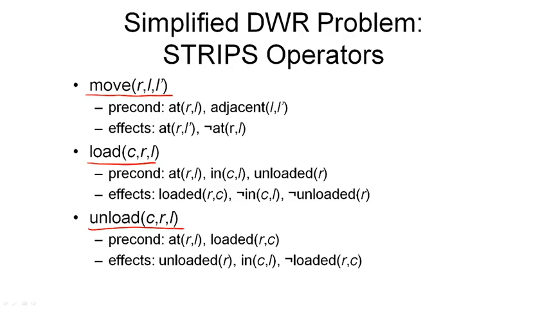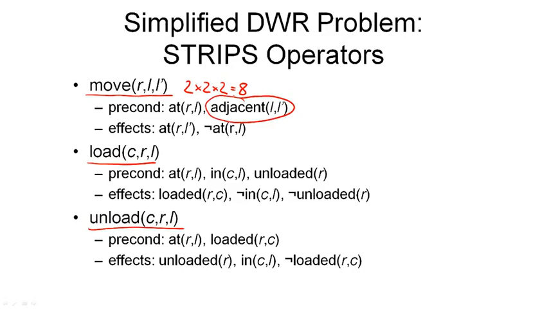Another interesting observation is to do with the number of possible actions that are instances of each operator. So looking at the move action first, we have two possible robots and we have two possible locations that we can use for L and two possible locations that we can use for L prime. So in theory, that means there should be 8 possible instances of this move operator. But when we look at the preconditions of this operator, we have one precondition in here that is static.